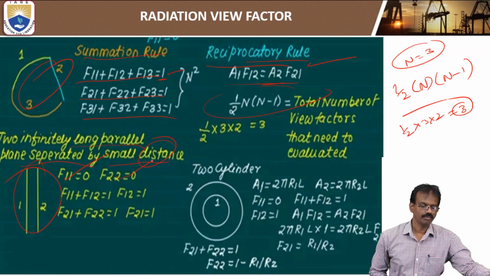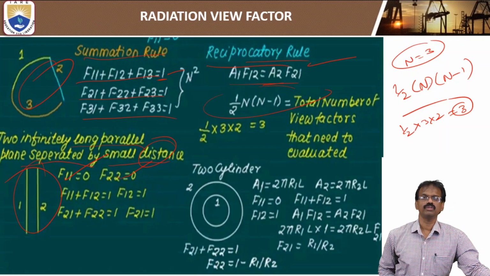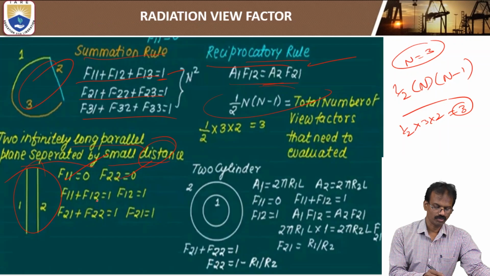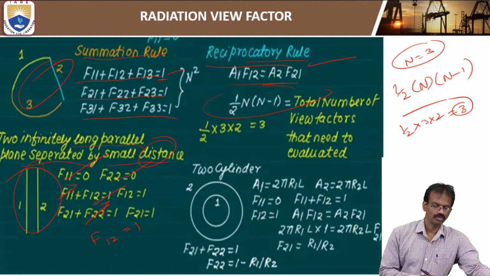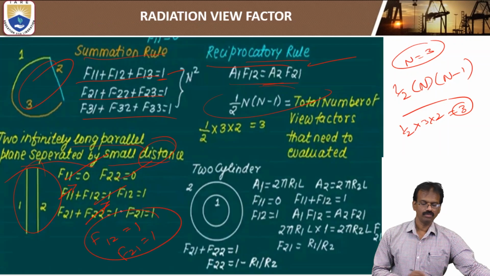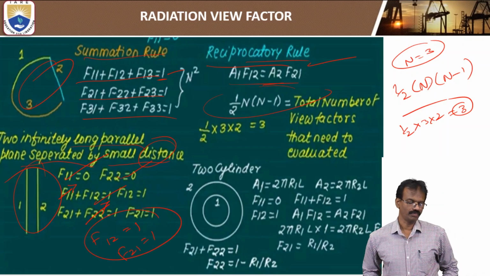According to the summation rule for the two surfaces, F11 plus F12 is equal to 1. If F11 is 0, then automatically F12 is equal to 1. Similarly, F21 plus F22 is equal to 1. F22 is equal to 0, we know this, then automatically F21 is equal to 1.